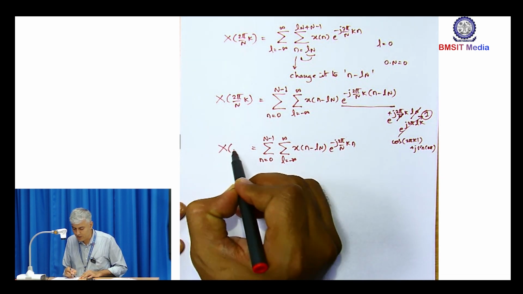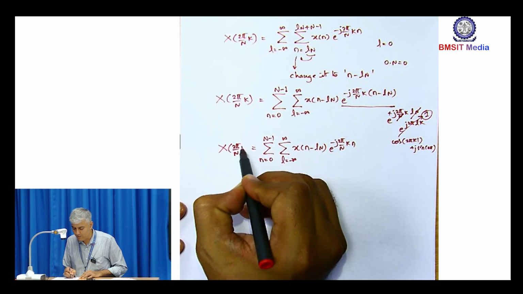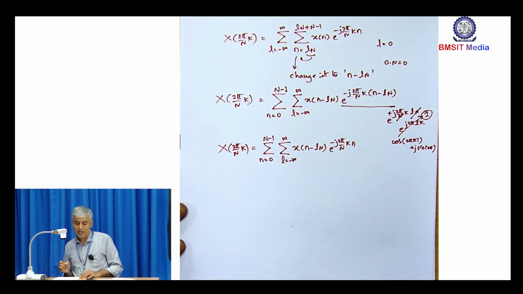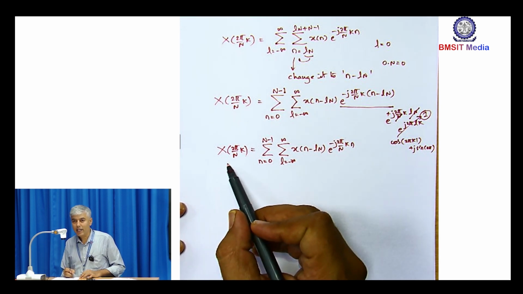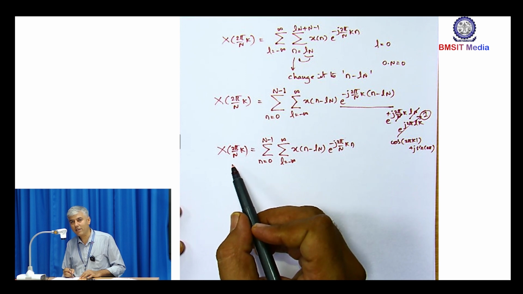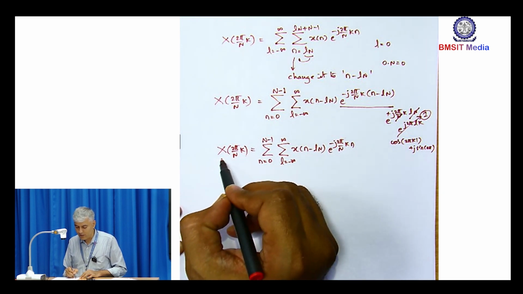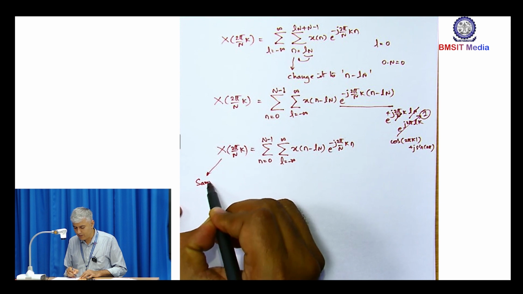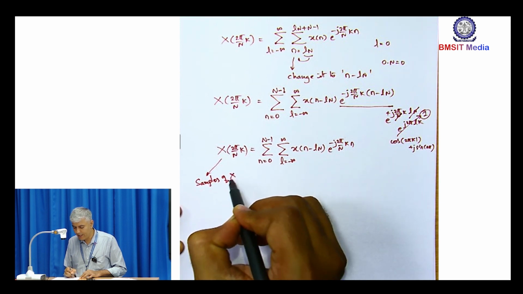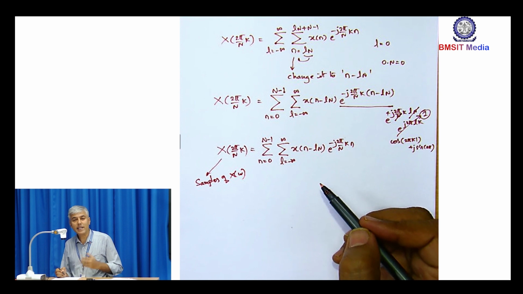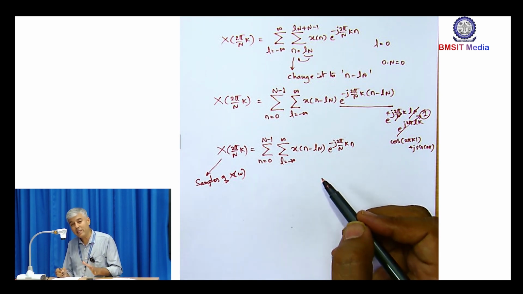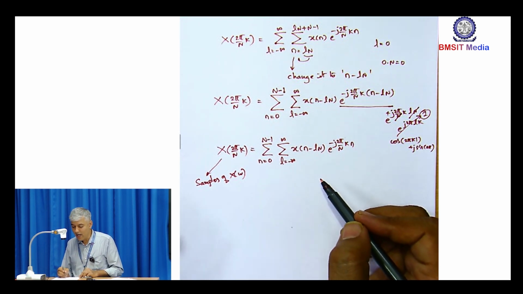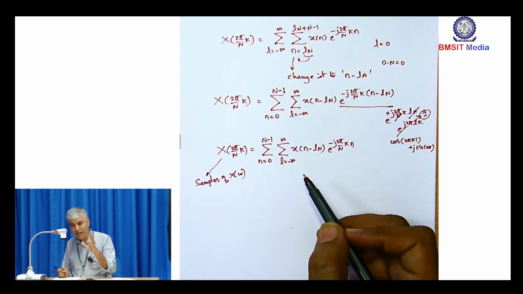So this expression is of utmost importance for us now, because on the left hand side, you can see it is the samples of X of omega. X of omega is a continuous entity, and these are samples. How many samples are there? We have capital N number of samples, and this k indicates the kth element.